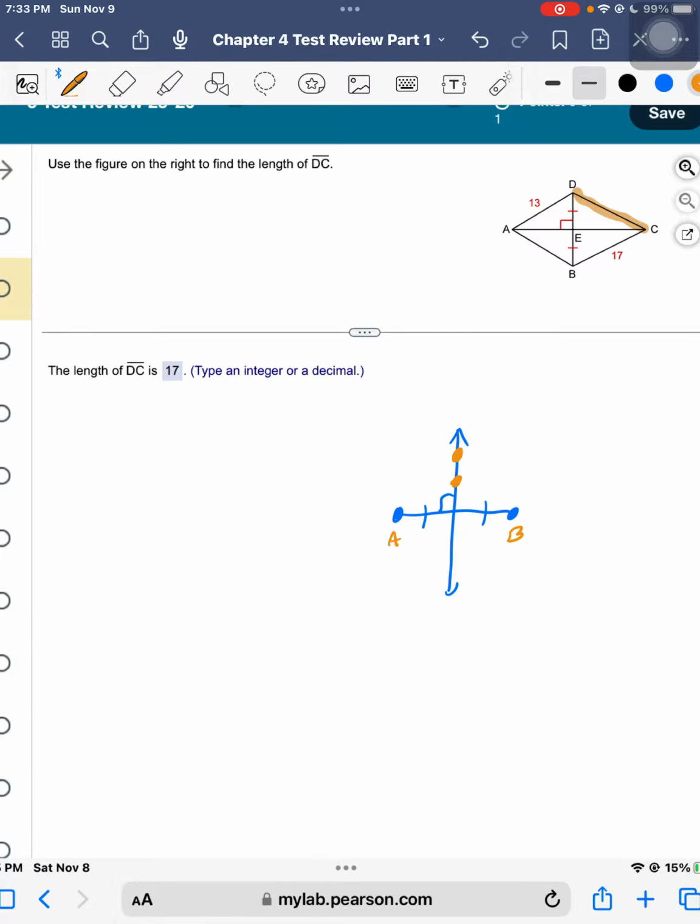So we have 2 points here on the perpendicular bisector. This distance and this distance are going to be the same. And if it was this one, they would be equidistant as well.